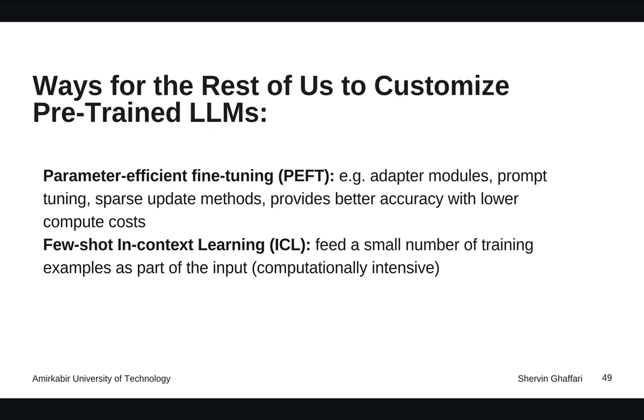It's parameter efficient fine tuning, or PEFT as an abbreviation, by adding a module layer between different consecutive LLM block layers. You just keep the model weights frozen while training these additional module parameters.